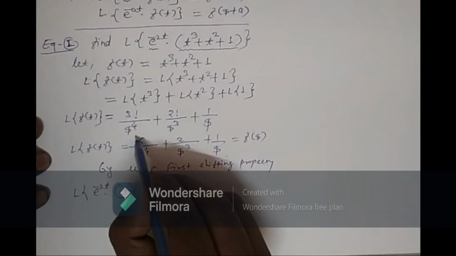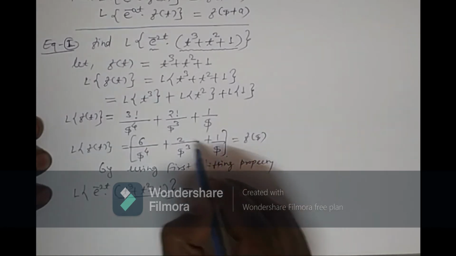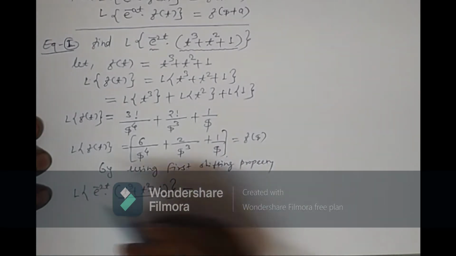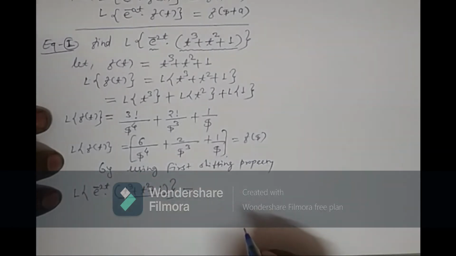In this F of s, wherever there is s, we have to replace that s by s plus 2. Why s plus 2? Because here it is e raised to minus 2.